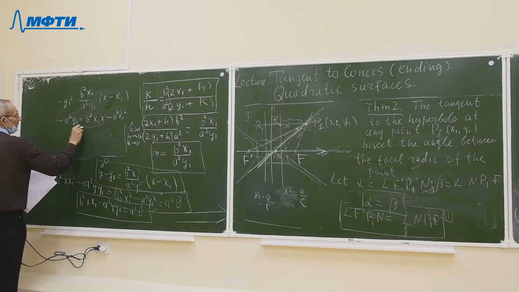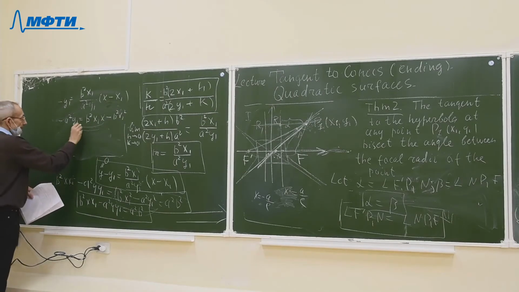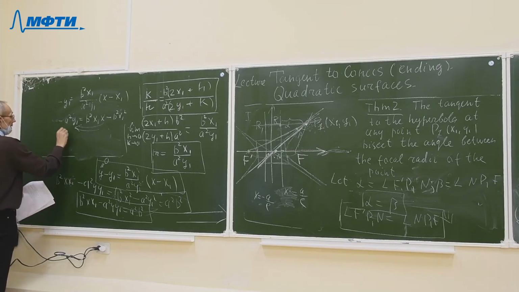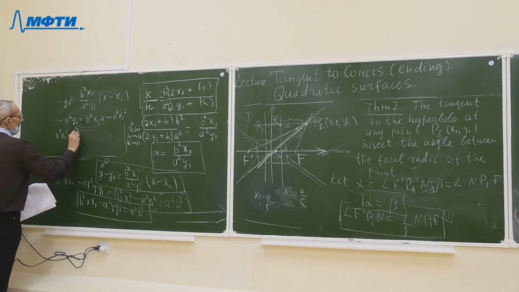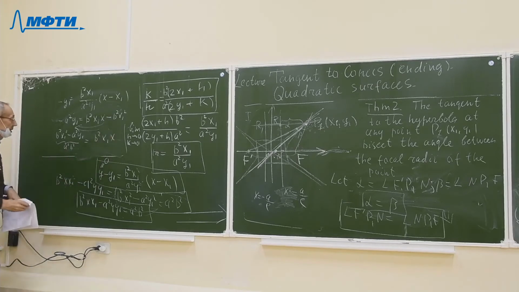And we can obtain the following equality: b square x1 square minus a square y square, which is equal to a square b square, is equal to b square x1 x.